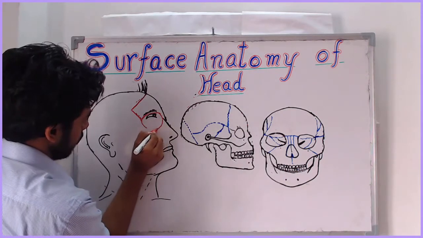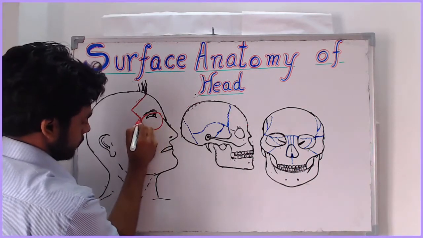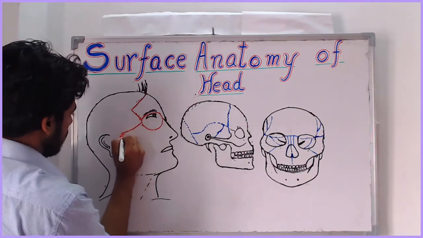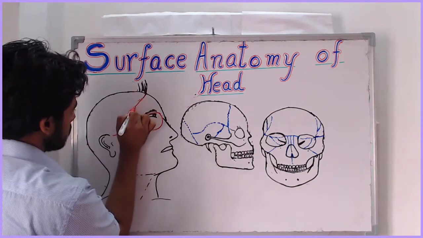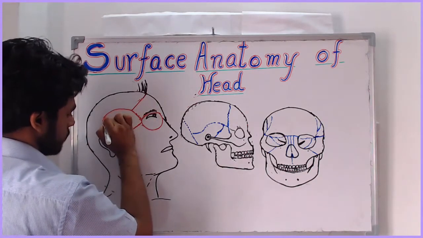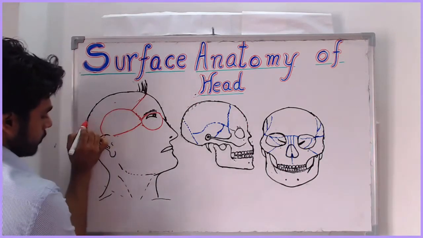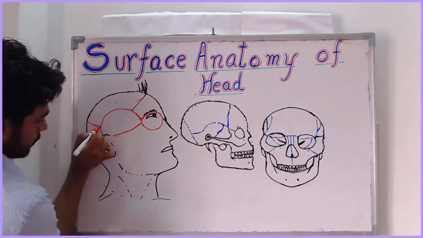This is the orbital region, and behind this orbital region we have the temporal region. This is the parietal region, and behind this parietal region and the temporal region is the occipital region.